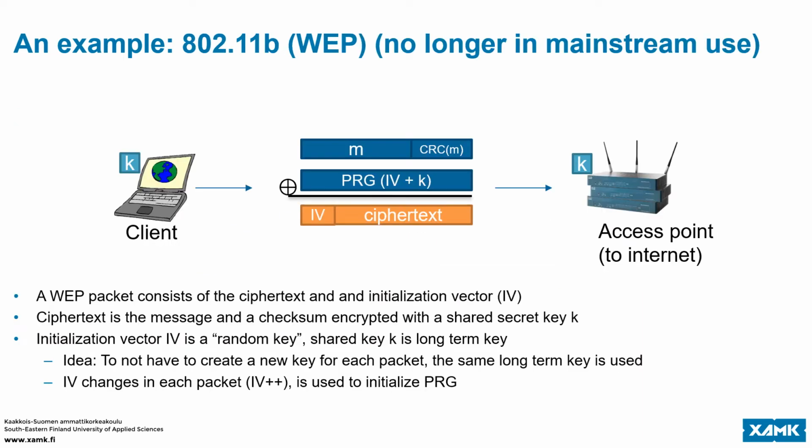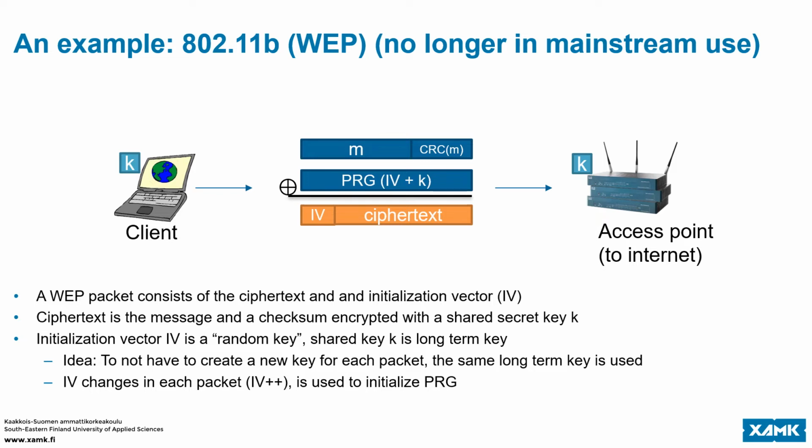Another example of a faulty communications protocol that was susceptible to key reuse attacks is WEP, or 802.11b, one of the first security protocols for wireless communications. That is, WEP used to be one of the ways in which we secured Wi-Fi connections.